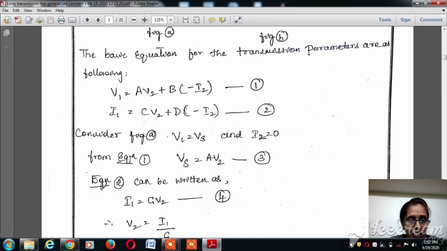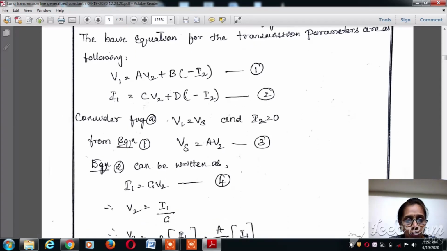Now we can write equation 2 with this assumption from figure A. I1 is equal to C into V2, because I2 is 0. So equation 4 is I1 is equal to C into V2, from equation 2.